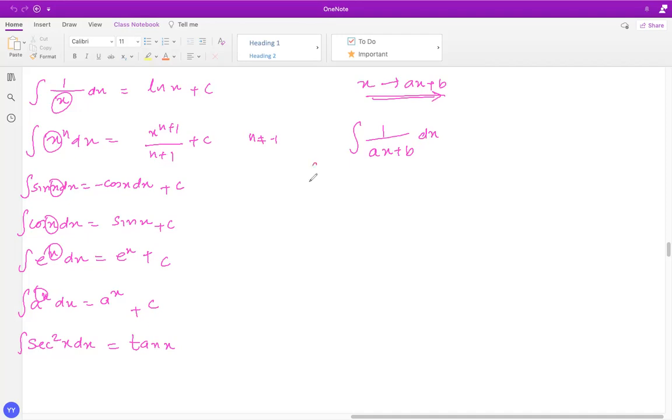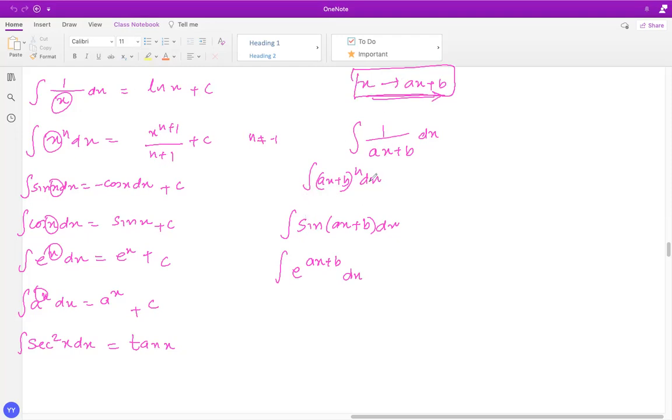If I got integration of ax plus b to the power n, how do we do this? What about integration of sine ax plus b? Integration of e to the power ax plus b? And so on. So if this x has been replaced by ax plus b, what is the logic of integrating that kind of function?